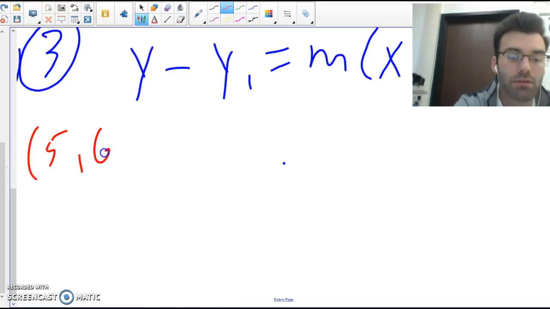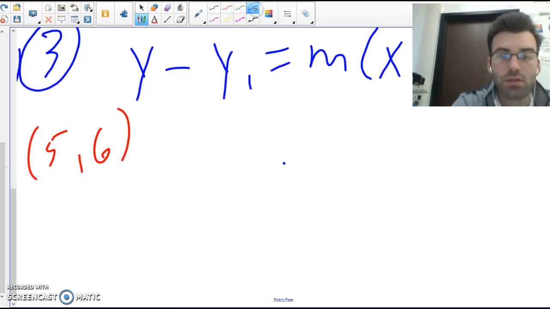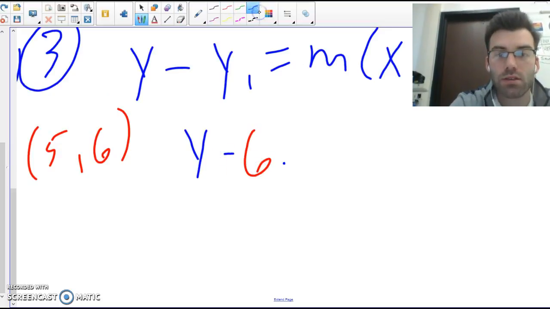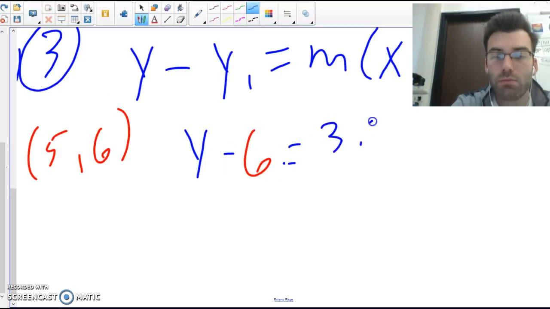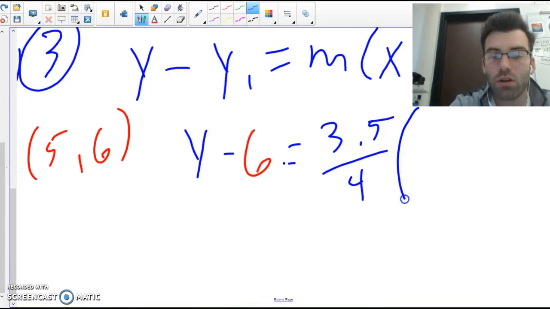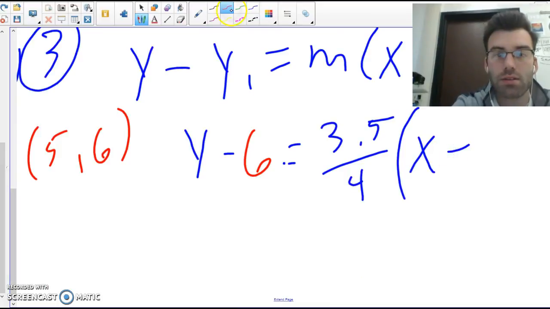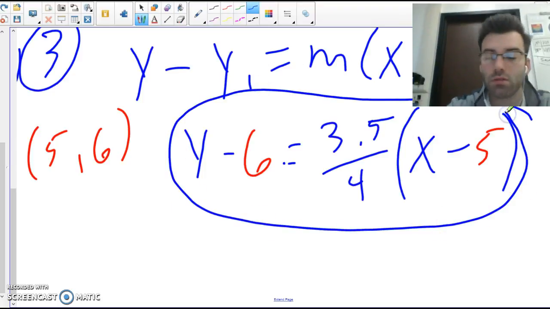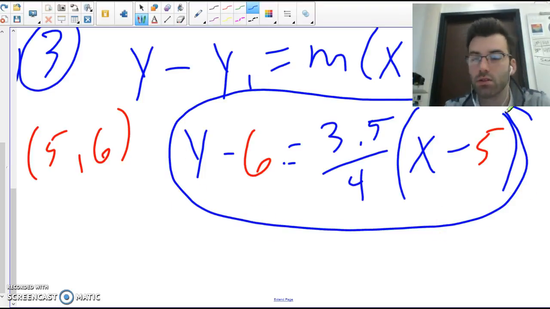So this will be y minus 6 equals 3.5 over 4 times x minus 5. Don't try to solve, just leave it. This is your answer. That's all you have to do. Leave it like that.